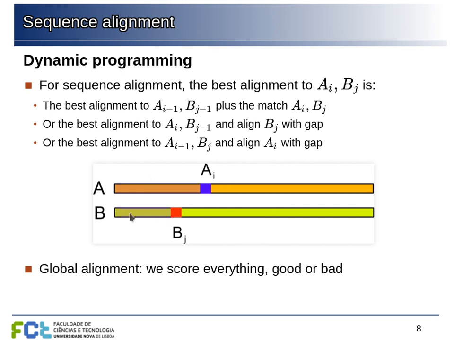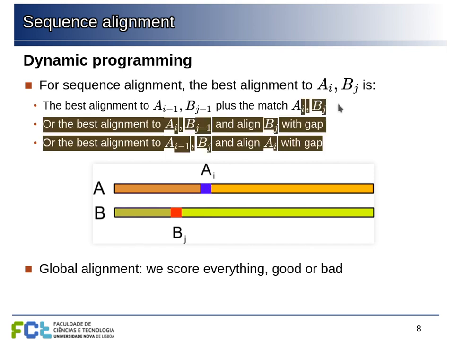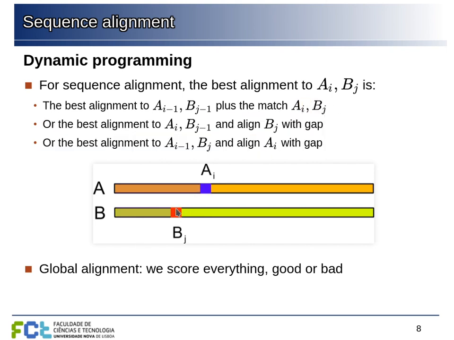The best alignment of these fragments will be either aligning everything up to A(i-1) and everything up to B(j-1) on these stretches, and then matching these two, Ai and Bj, aligned one with the other. So the best alignment on this left part, and then matching these two.